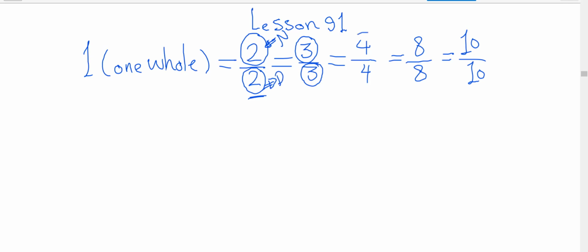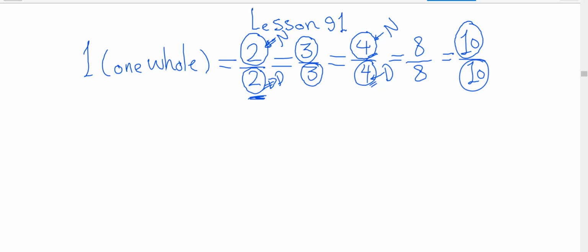In this fraction, the numerator is 4 and the denominator is 4. The same number in the numerator and the denominator. These fractions are equal to one whole.